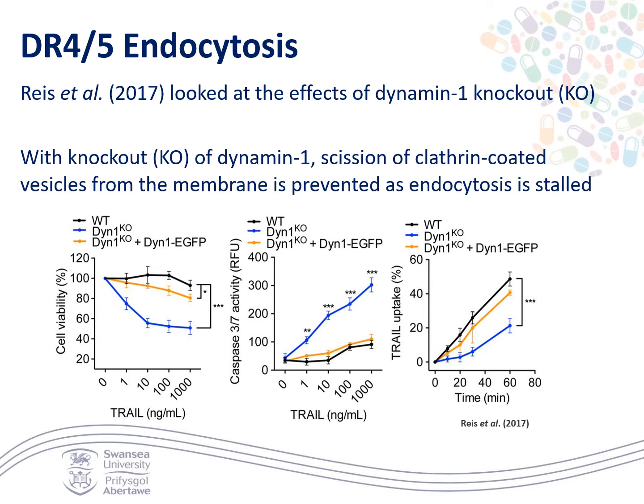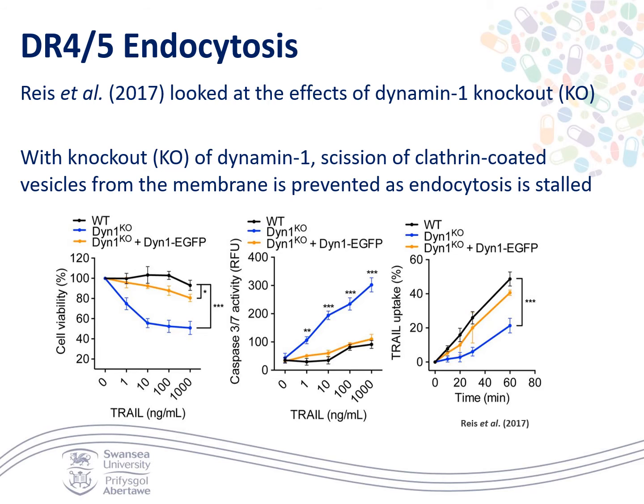Now, this 2017 study was really, really cool. And there's some graphs shown here looking at the impact of trail activation of DR4, DR5 receptors. Now, on these lines, there are 3 different cell types. You have wild type cells, which are able to produce dynamin and undergo normal endocytosis of receptors.